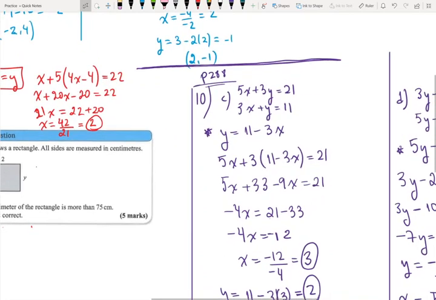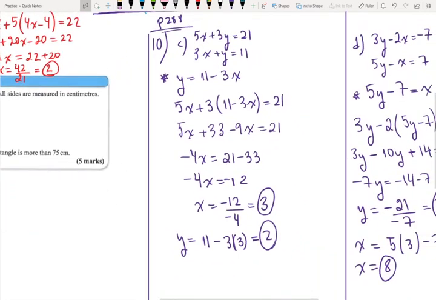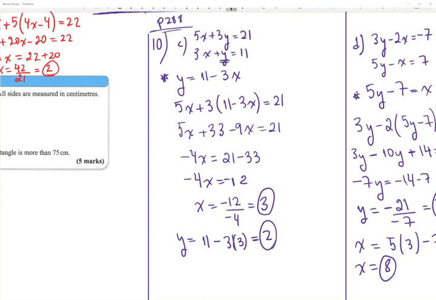So in part C, we have 5x plus 3y equals 21 and 3x plus y equals 11. So we need to solve these two equations simultaneously. So we first write y in terms of x. So we move 3x to the other side, so it becomes minus 3x.